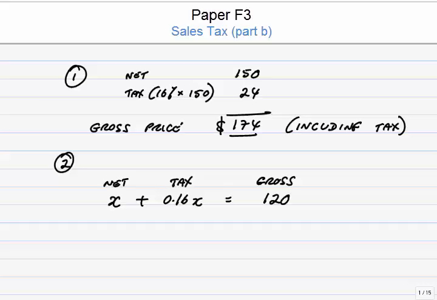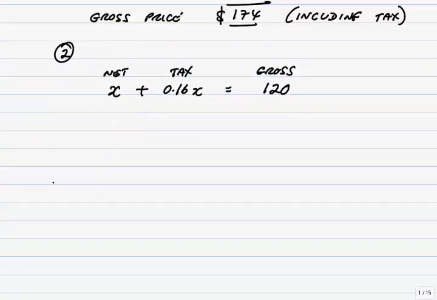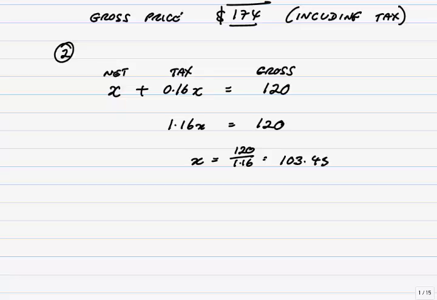So on this approach it's now a bit of, I hope, fairly simple algebra to work backwards, work out what the net and the tax are. So X plus 0.16X is 1.16X, and therefore X is 120 divided by 1.16, which to the nearest cent, and in the exam usually you'll be required to do these to the nearest cent, is 103.45.